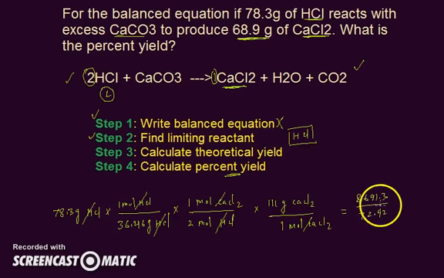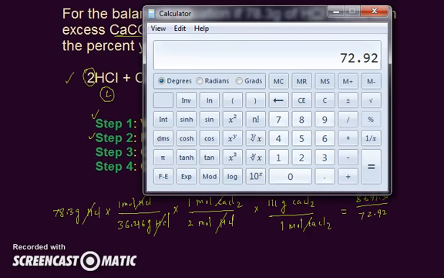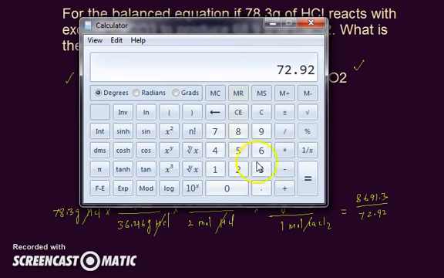Now we can divide these numbers. In the top we have 8,691.3, divided by 72.92, and this is the value we get.